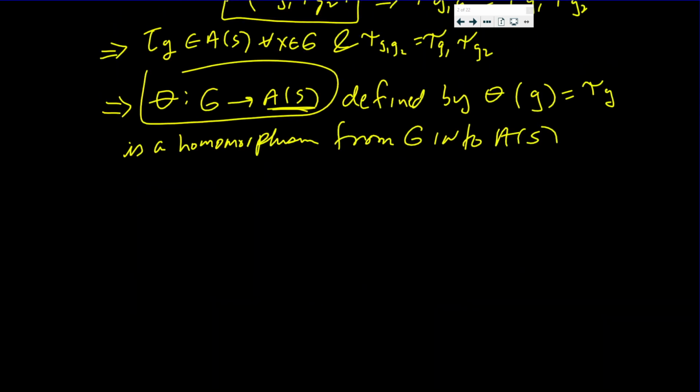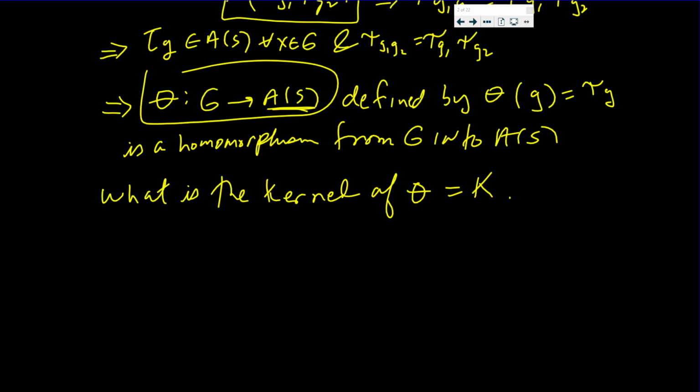Okay, so now what do we have to do? Well, in the last video we had a similar problem, and the next thing we did is we looked at the kernel. So what is the kernel of theta, which I'll call K for kernel? Suppose x is in the kernel.